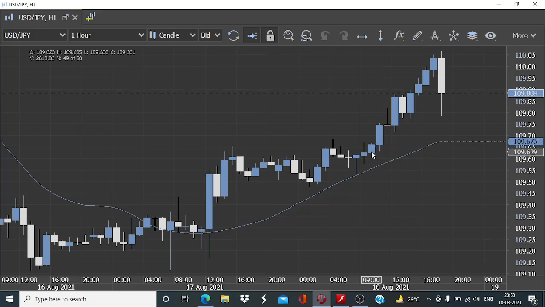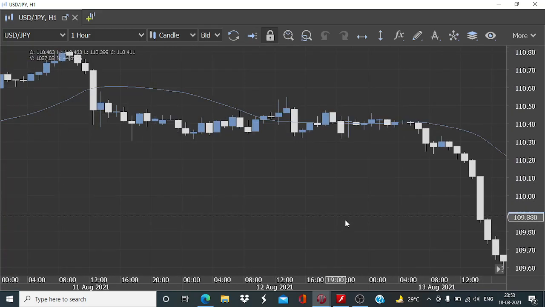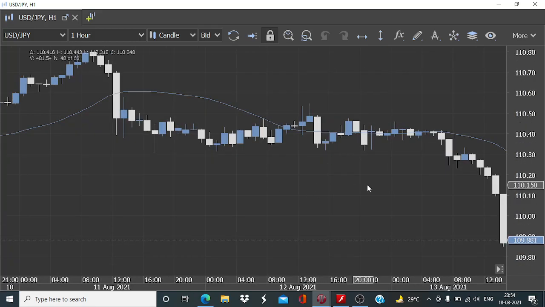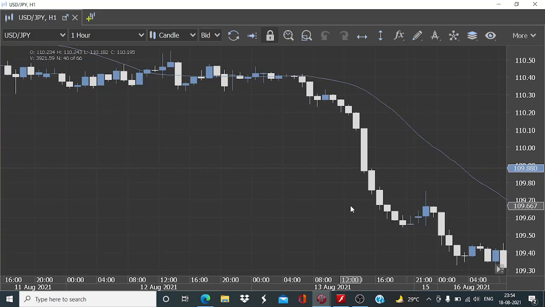And whenever we have the price moves satisfying our requirement, the trade will be initiated. Same thing will hold for the sell trade, only within the 10 pips price band the trade will be initiated whenever we have downward trajectory holding in the USD JPY or any other instrument of your choice.